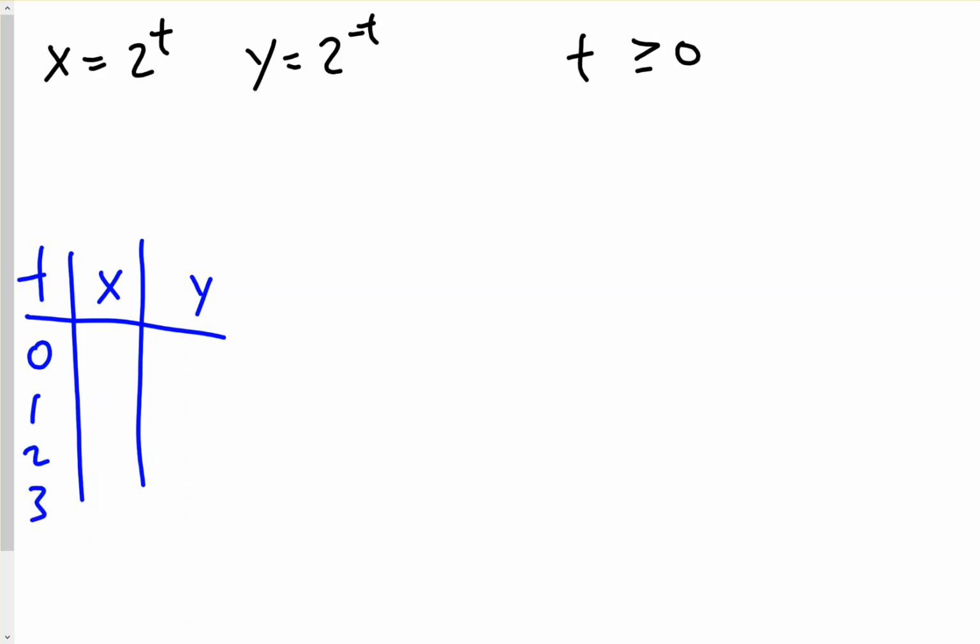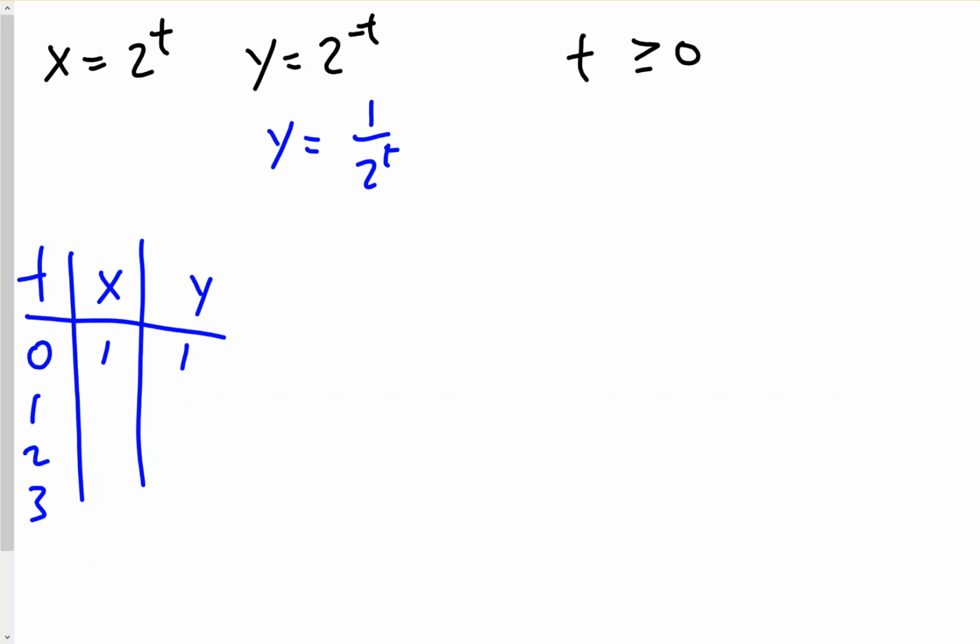So that means 2 to the 0, right? That would be 1. And then for this one, 2 to the negative 0, that would also be 1. And keep in mind for the y, this would be the same as 1 over 2 to the t.